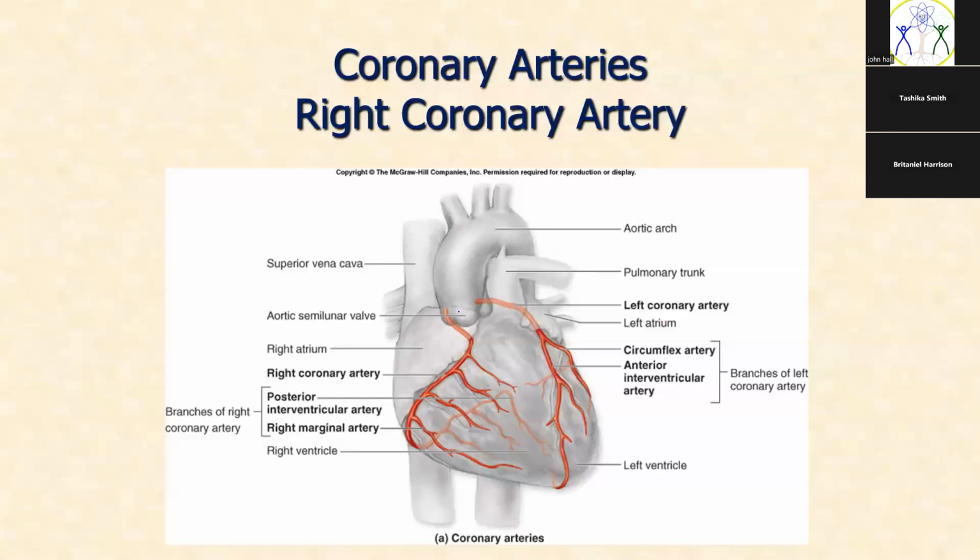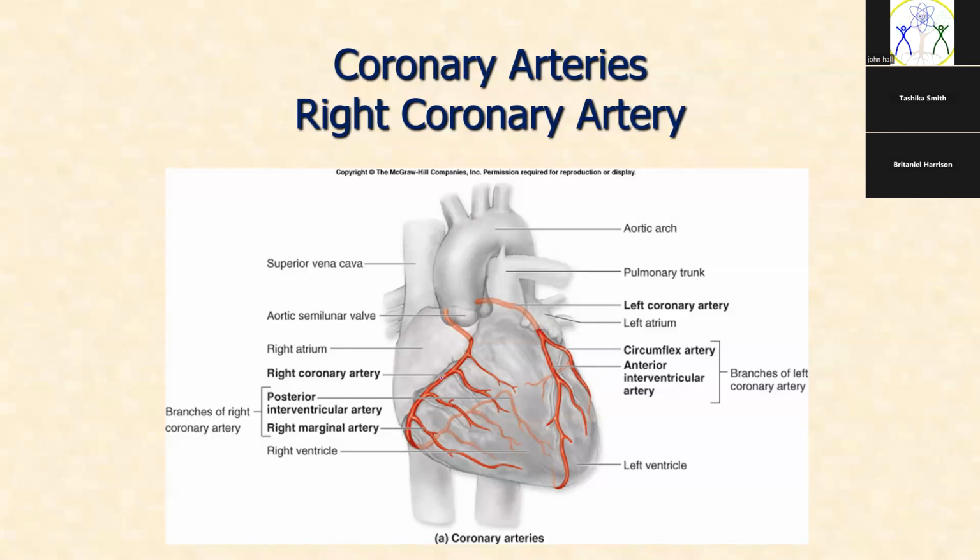Now, from the coronary arteries, we're going to see what branches off. So if we follow our right coronary artery here, you can see it runs down our atrioventricular sulcus. So here it is, right coronary artery.